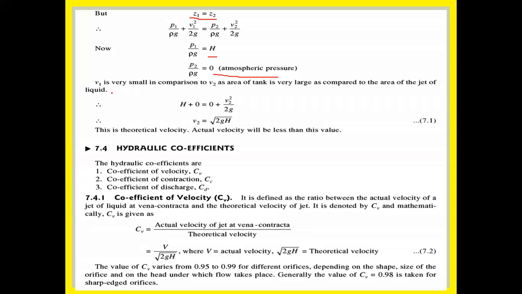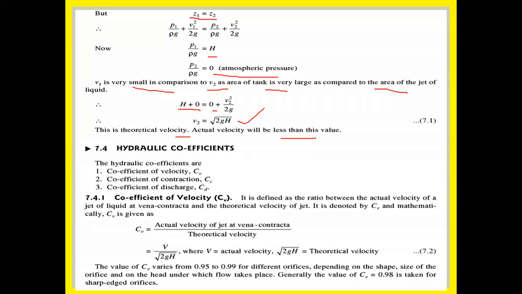Now V1 is small in comparison with V2, as the area of the tank is very large compared to the area of the jet of the liquid. Therefore H plus 0 is equal to 0 plus V2 square by 2g. Therefore V2 is equal to root 2gH. This is the theoretical velocity. The actual velocity will be less than the theoretical velocity whenever you are doing problems.